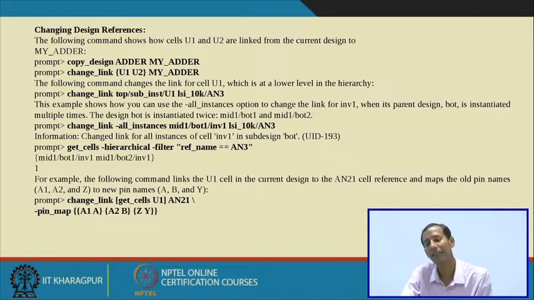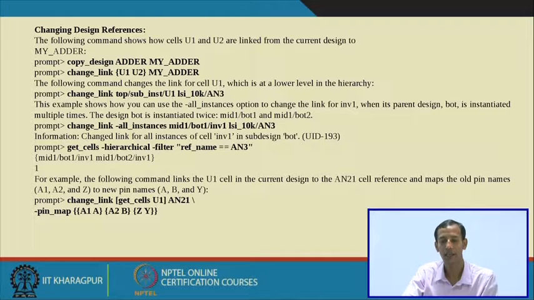Now the next thing is how I can change a design reference. Suppose I have two cells, U1 and U2, which are linked to the current design myadder. For changing the design reference, the first thing is that you have to copy the design.